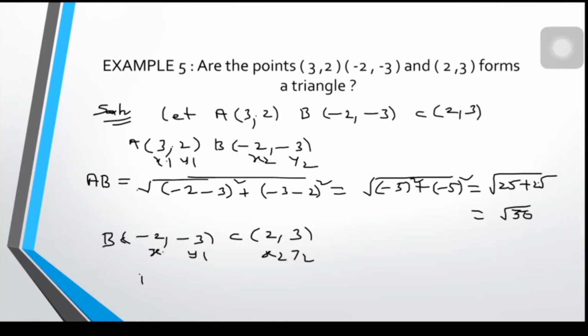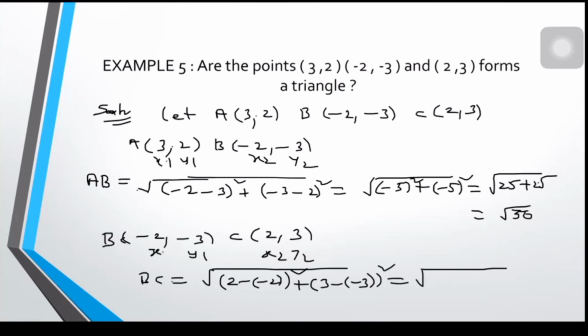BC distance: (x2 minus x1) is (2 minus of minus 2) whole square plus (y2 minus y1), (3 minus of minus 3) whole square, which is (2 plus 2) whole square, 4 square, plus 6 square. 4 square plus 6 square is root of 16 plus 36, root 52.